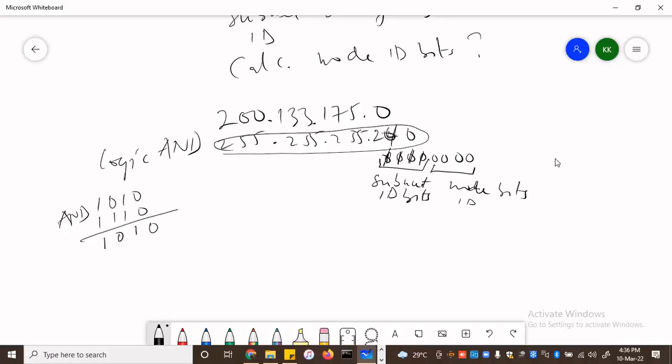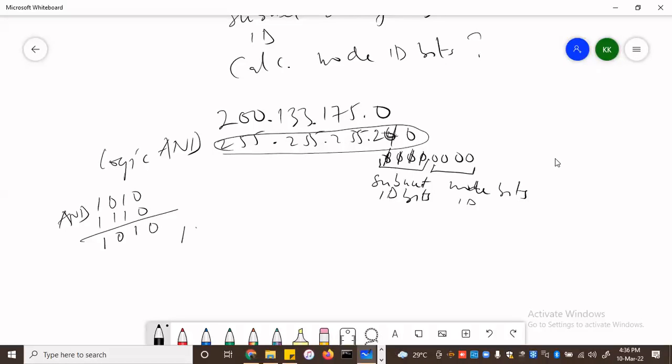So that's how you apply this concept to this IP address and subnet mask, in order to derive your network address. So let's go through it real quick. Since 200 is bigger than 128, the first bit will be 1.